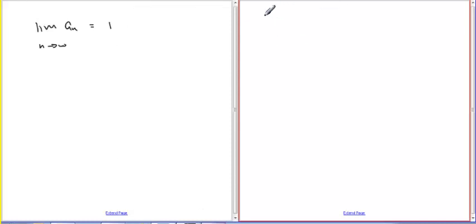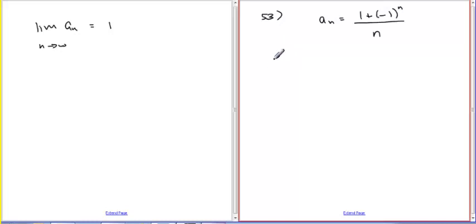Okay, 63 is the next one. We have a sub n equals 1 plus negative 1 to the n over n. We also have this absolute value limit theorem, so let's write that down.